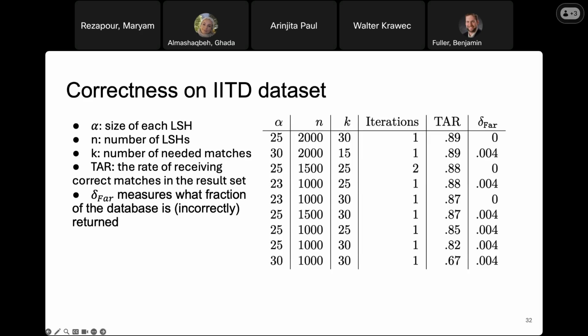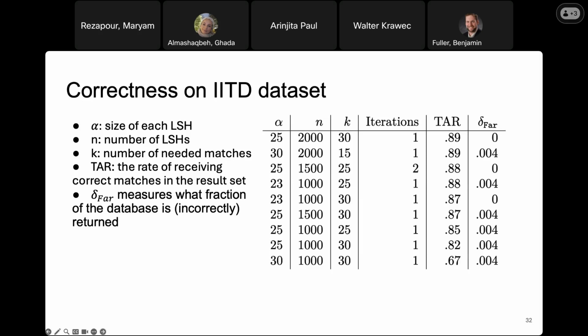Okay, alpha is the size of the LSHs. Let's assume each LSH returns 1 bit. We concatenated LSHs to make bigger LSHs.